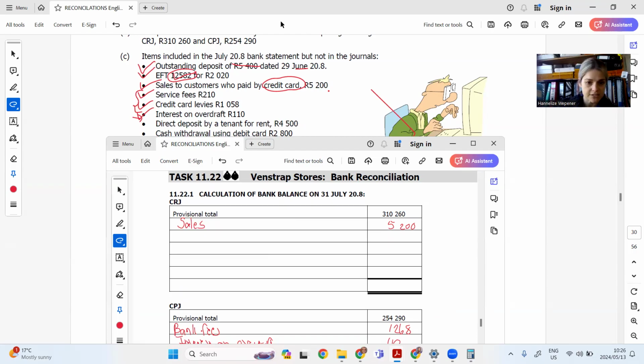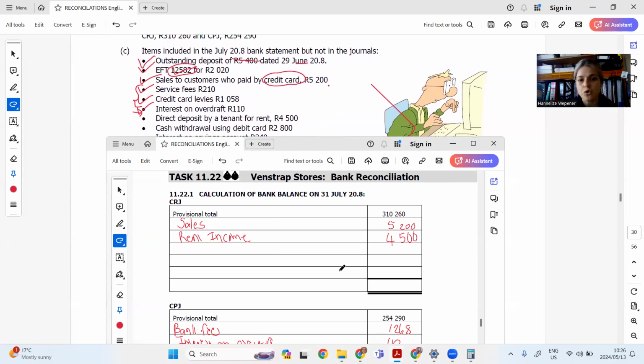So then you go to your books and you say that you have rent income. So rent income. And the amount that you receive there by direct deposit is 4,500. So definitely received the amount, you just still had to record it in your books.